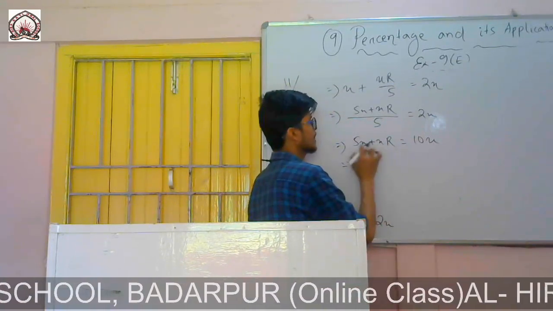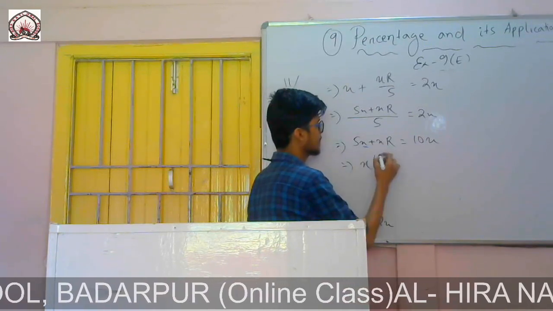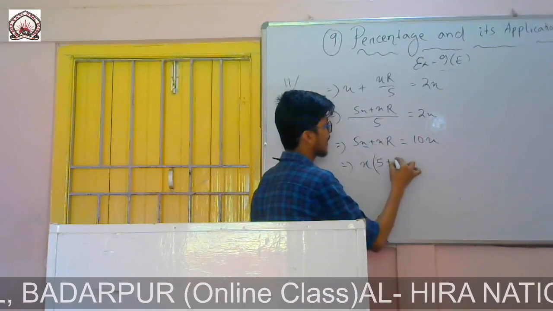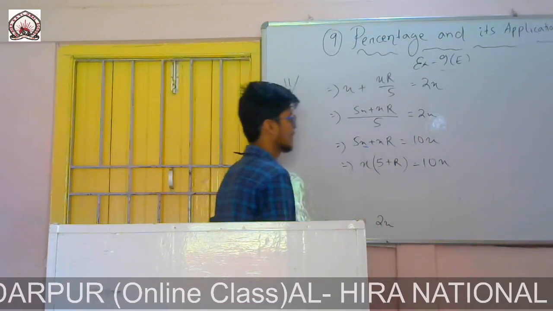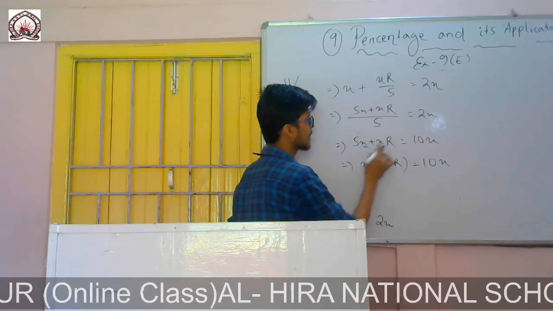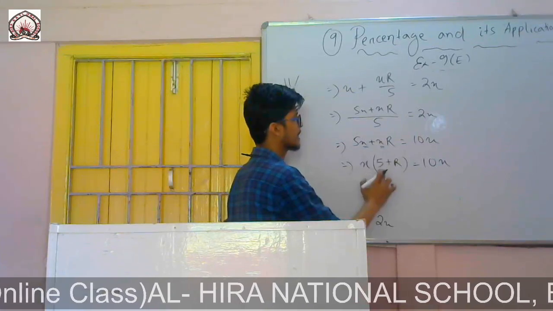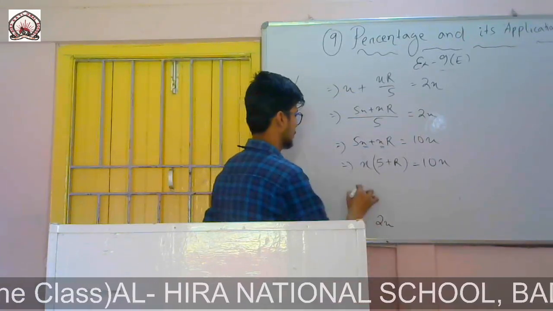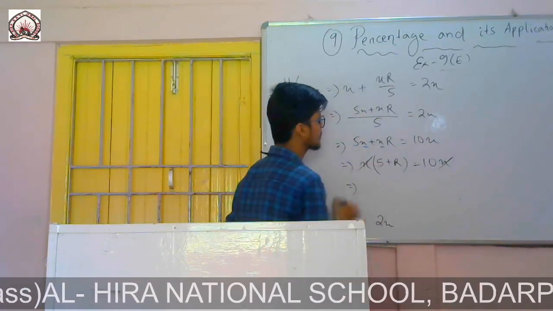After taking X, only 5 left, and there R left. And that side it is 10X. So after taking X, there are 5 left and R left, and in the middle a plus sign, that means 5 plus R. There is also X on that side. I can cancel these two.